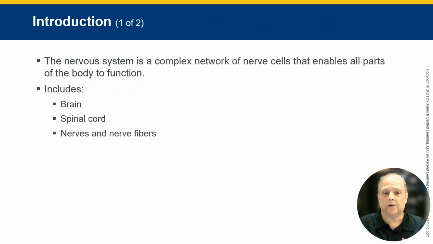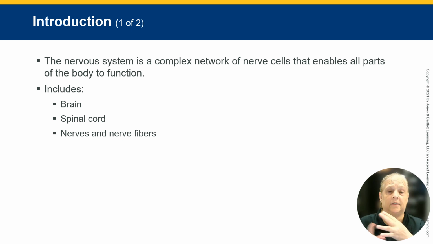We have already talked significantly about the nervous system, so we're going to go through the anatomy and physiology kind of quick because this is material we have covered in the past. You should already know this material, but we know that the nervous system is made up of 3 parts.